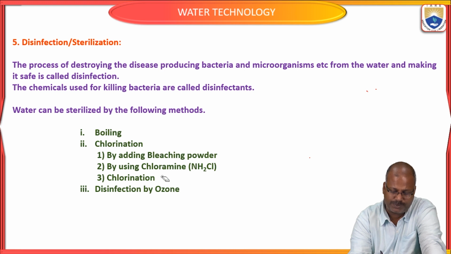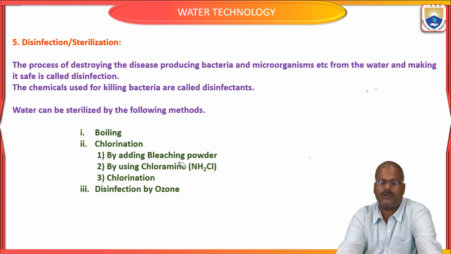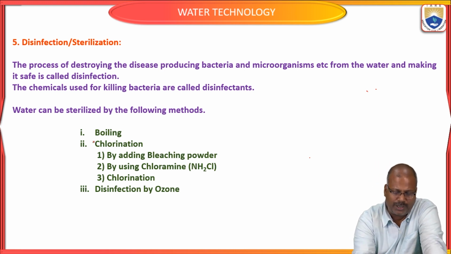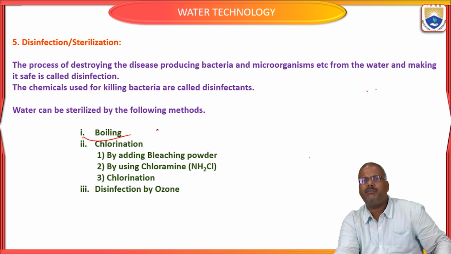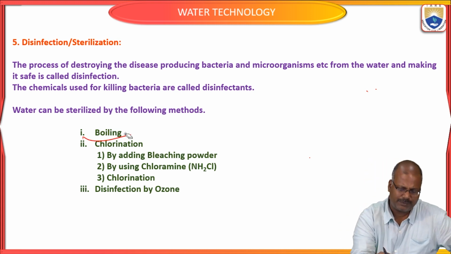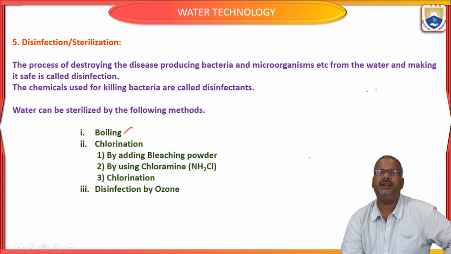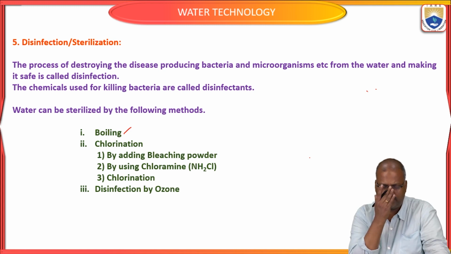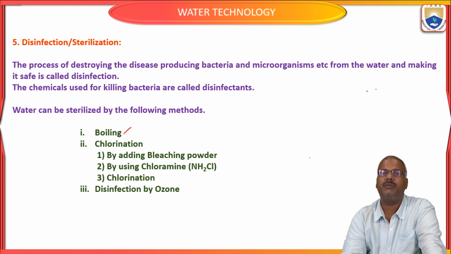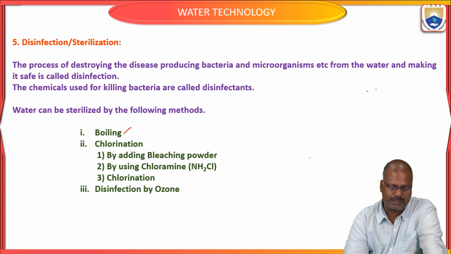That's where we are going to see breakpoint chlorination. What is breakpoint chlorination about? In this, boiling is a very general method which is used at home. Normally any water if you boil, it will be very safe for drinking. That is possible at the home level.